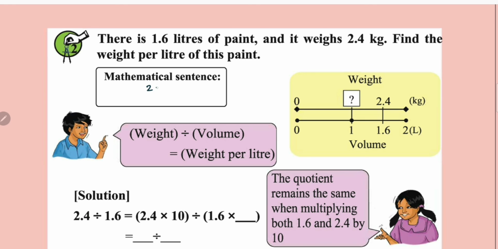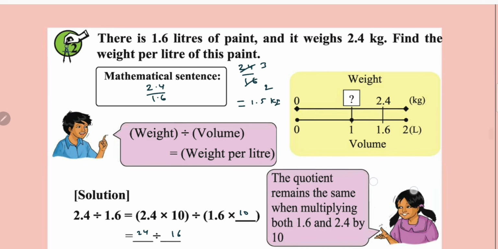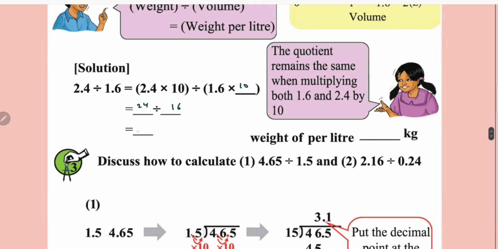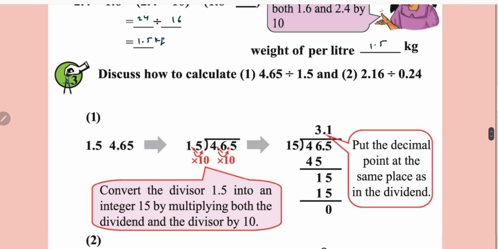Simple mathematical statement is 2.4 by 1.6, multiplied with the same number, 10, on both numerator and denominator. 24 by 16. 8 3s are 24, 8 2s are 16, 3 by 2. 3 by 2 is how much? 1.5 kg.